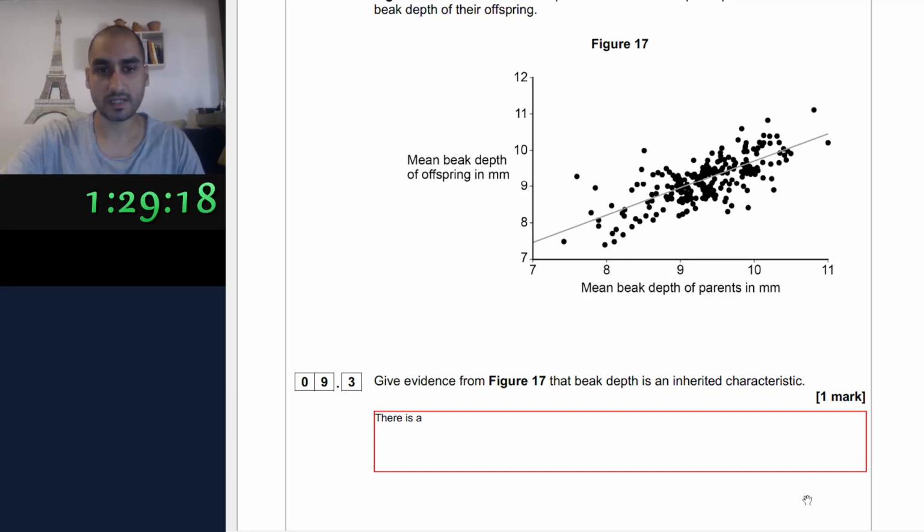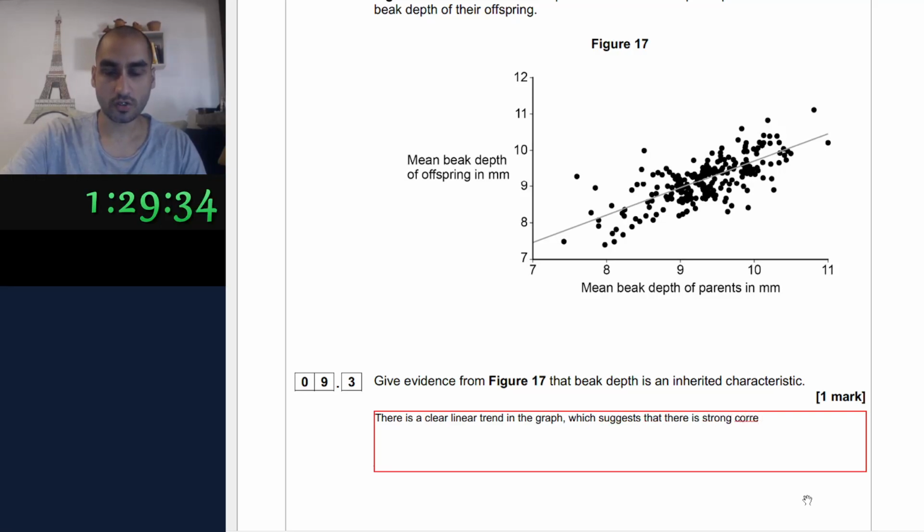There is a clear linear trend in the graph, which suggests a strong correlation between parents' beak depth and that of their offspring.